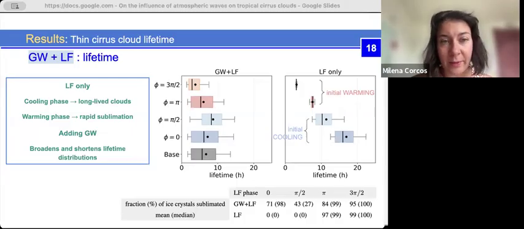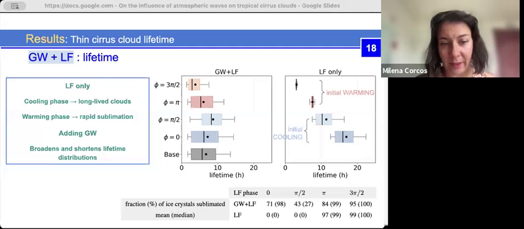So without the gravity waves, we can see that the low frequency wave produces a very phase-dependent behavior. If the cloud is initialized during the cooling phase, it will live longer. If it's initialized during the warming phase, it will rapidly sublimate.